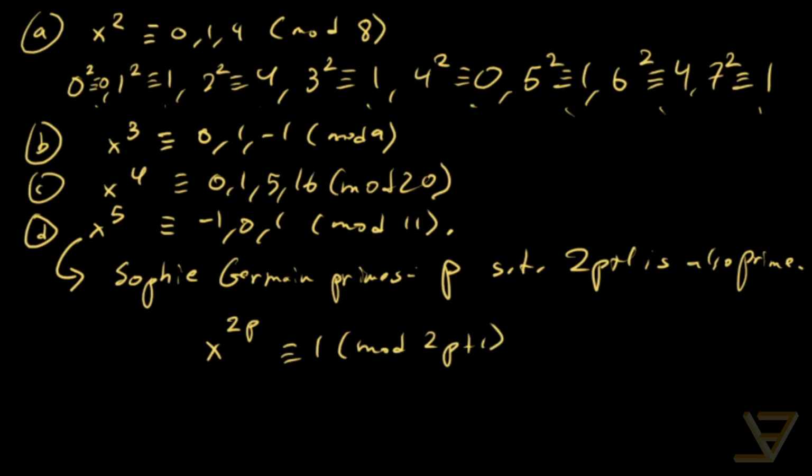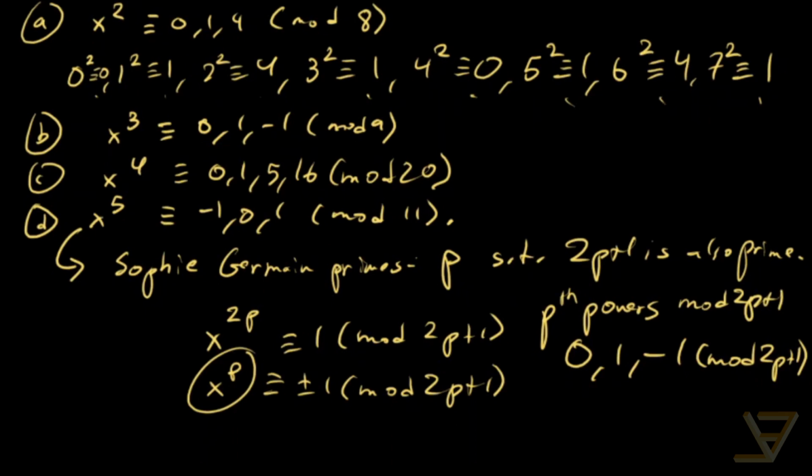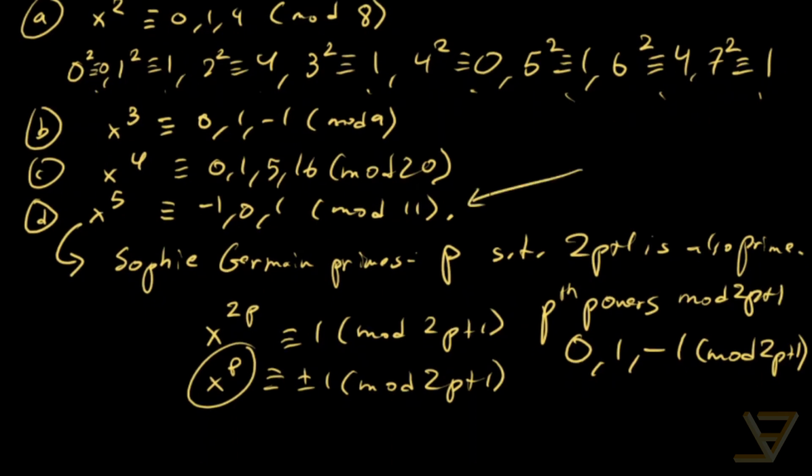We can do a difference of squares argument to show that x to the power of p is congruent to plus or minus 1 mod 2p plus 1, if x is coprime to 2p plus 1. If it's not, then x to the power of p is congruent to 0. So the residues are 0, 1, and negative 1 mod 2p plus 1 for x to the power of p, the pth powers. That is a generalization of this example.